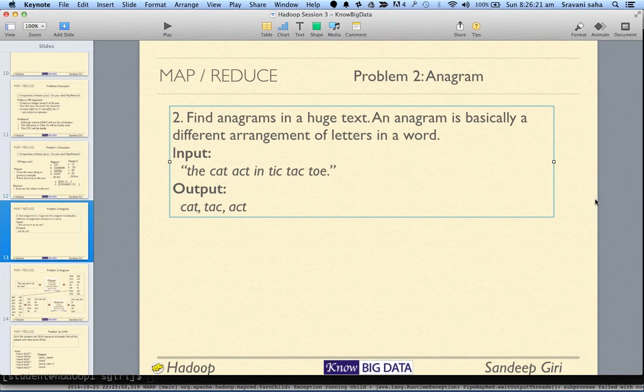Now you have to form a key such that all anagrams have the same key, right? Because if you are able to form a key such that all anagrams of the word come together, Hadoop will be grouping it for you, right? If that happens, then it's quite simple for you.